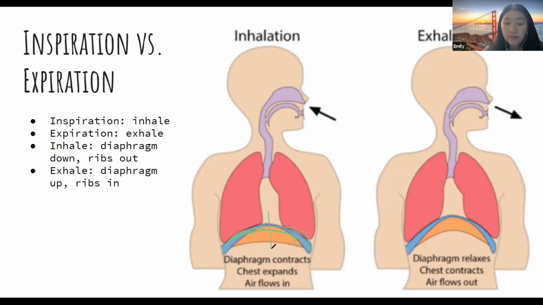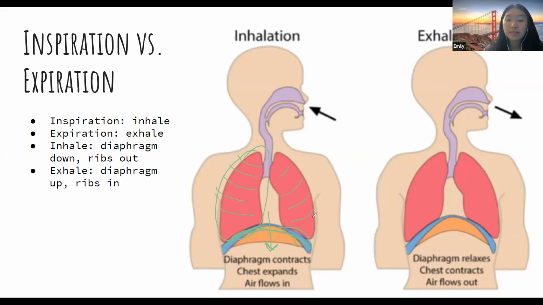This causes the diaphragm to move downwards, and it gives more space for the lungs to be in. So the lung volume is going to increase. At the same time the diaphragm contracts, the chest is also going to expand. The muscles in your rib cage are going to contract and expand outwards. Your rib cage is going to expand, again making more room for your lungs, because remember, your rib cage goes right over your lungs.